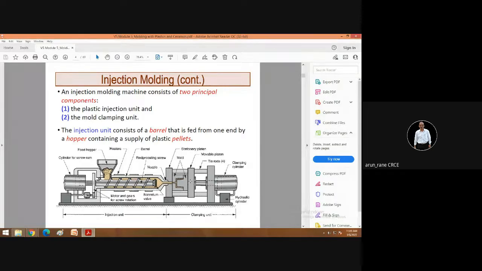Now, one is called the fixed half and another is called the moving half. This we say is the movable platen. This is the movable platen and moving half, and this is the fixed half. This is not moving. Initially this is away. There is a gap between the fixed half and the moving half. The gap will be slightly more than the height of the component, so that the component can fall down. So the moving half comes closer.